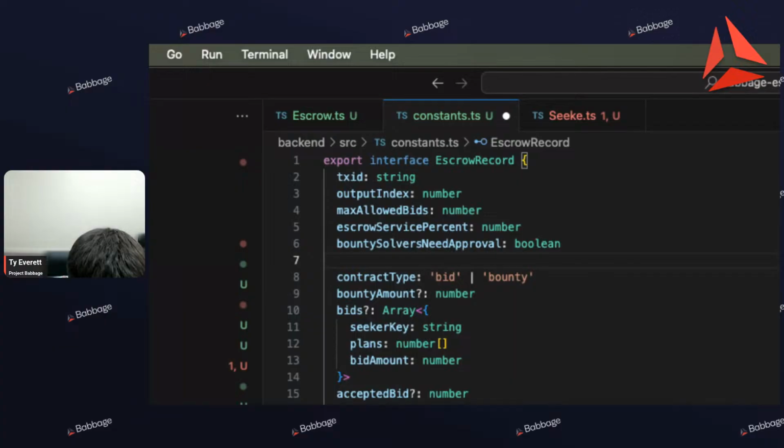So yeah, you could set max allowed bids to 1 and bounty solvers need approval to true. Bounty solvers need approval would be true because there's only one, meaning you just accept one bid and then no other person can bid until you either approve or reject.